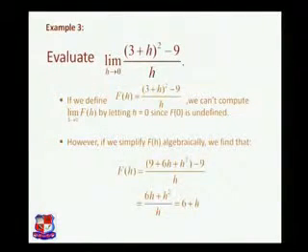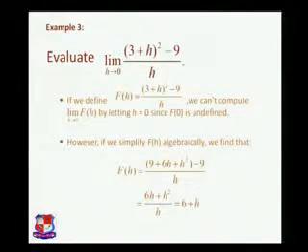Here if we look at this example, limit h tends to 0 of (3 plus h) whole square minus 9 upon h. If we define capital F of h is equal to (3 plus h) whole square minus 9 upon h, we know that we cannot define this function at h equal to 0, because if we put h equal to 0, then the denominator becomes 0.